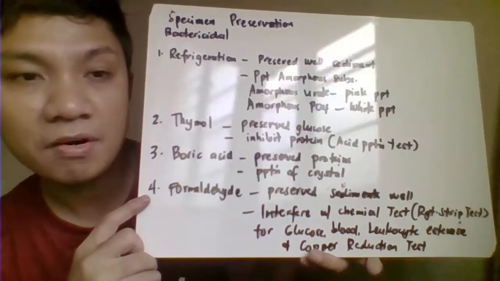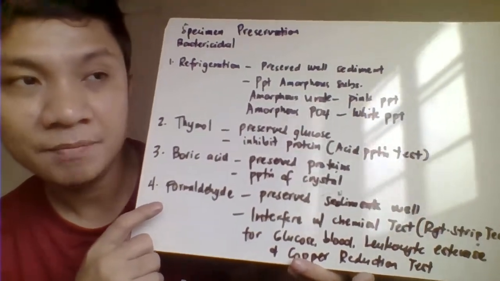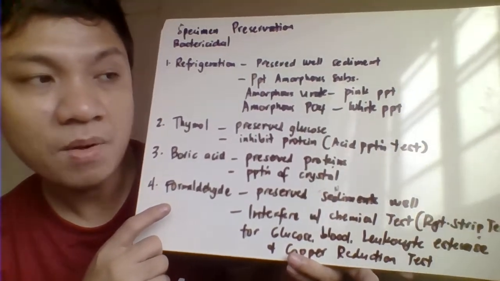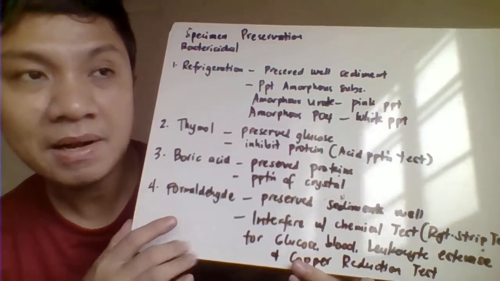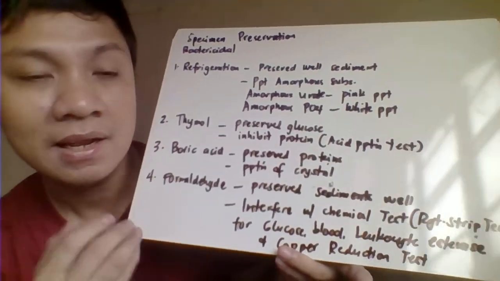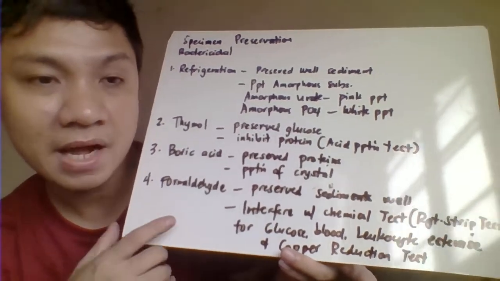Next, we have here the formaldehyde. Formaldehyde is able to preserve your cellular sediments well, or your cells here. The problem with the formaldehyde, formalin is an oxidizing agent. May mga test tayo sa reagent strip, yung strip na ginagamit natin. Ang test principle niya is more of the oxidation-reduction.